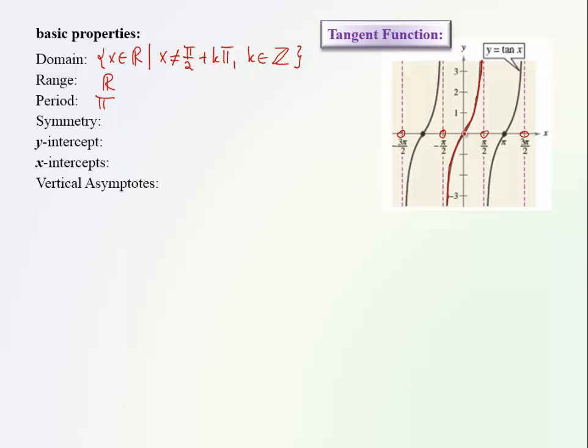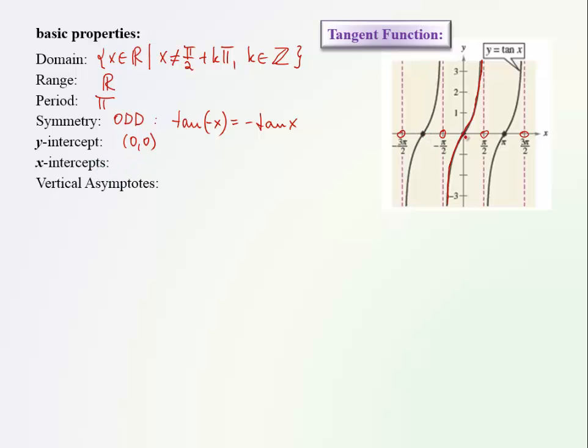Symmetry. Well, if you look at the shape, it is symmetrical in the origin. So the function is odd, which means that tangent of -x is the same as negative tangent of x. Y-intercept, well, there is one y-intercept, 0, 0.